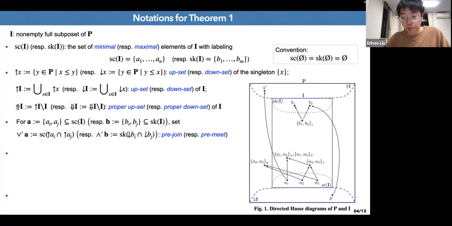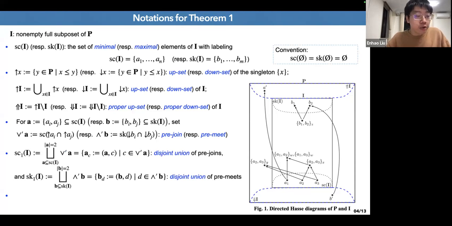This is why we give the names pre-join and pre-meet. As you can see on the right-hand side, for example, A_2, A_3 has 2 pre-joins, namely (A_2, A_3)_Y and (A_2, A_3)_X. So these are not unique elements. It's just a remark.